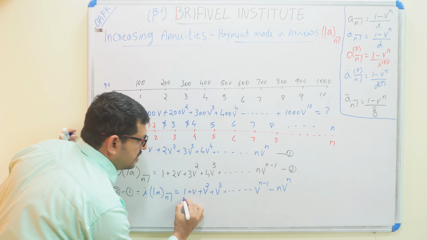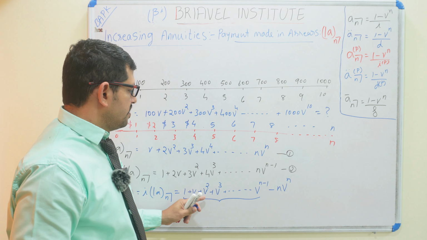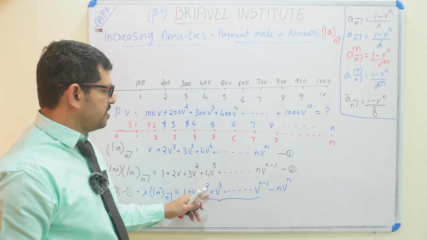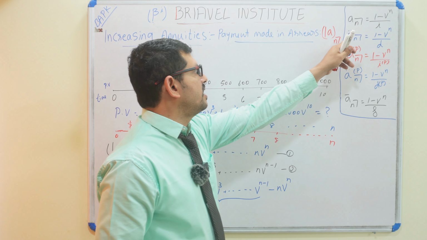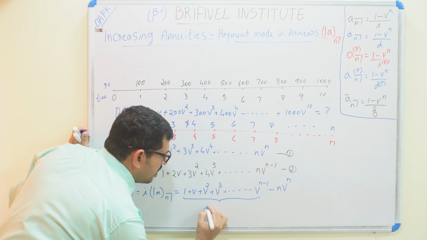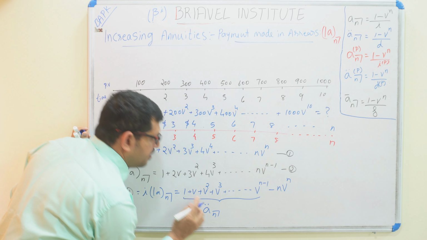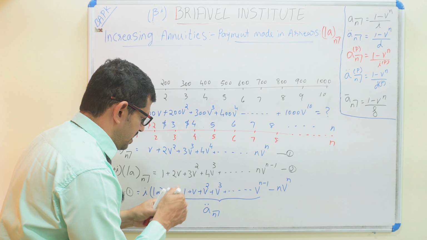Now how to write this term? This term we already studied: 1 plus v square plus v cube plus and so on is ä n. So we can write it as ä n, and the minus is there, so we can write it like that.